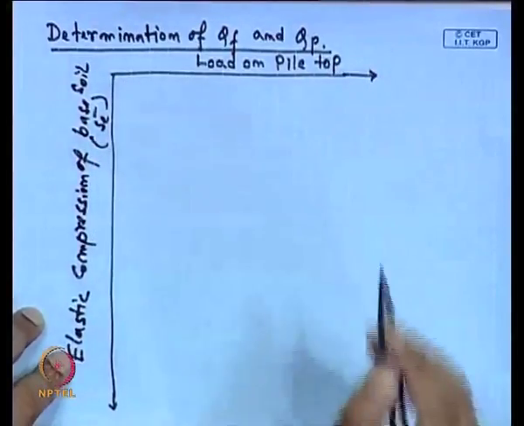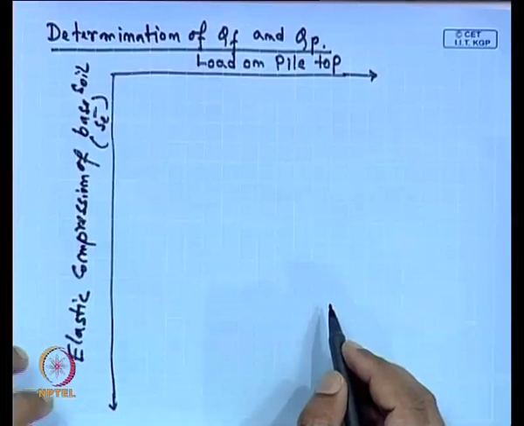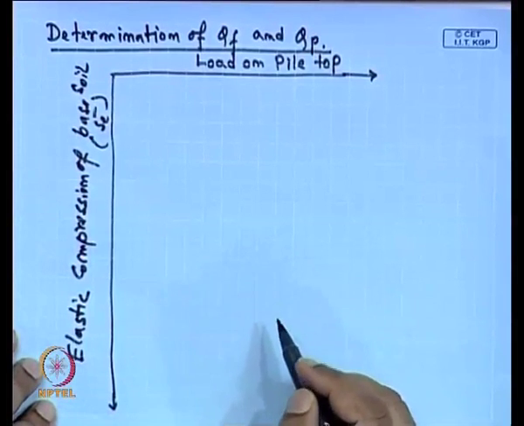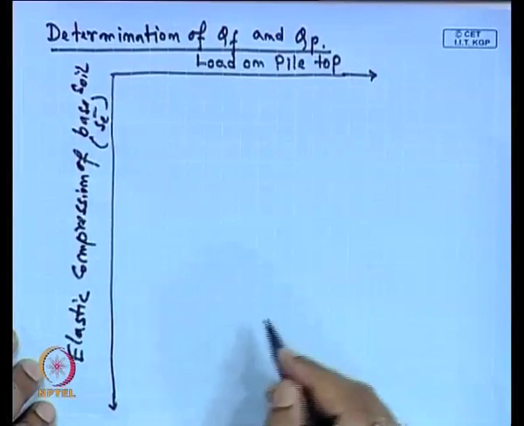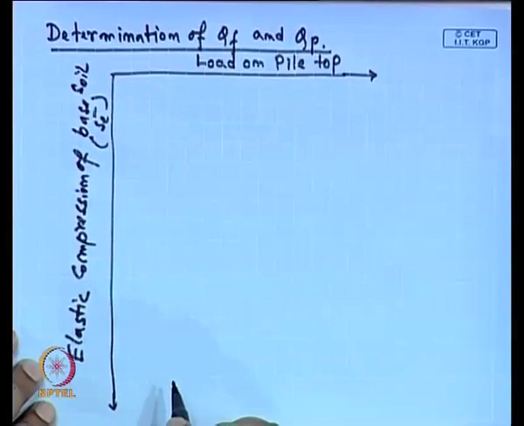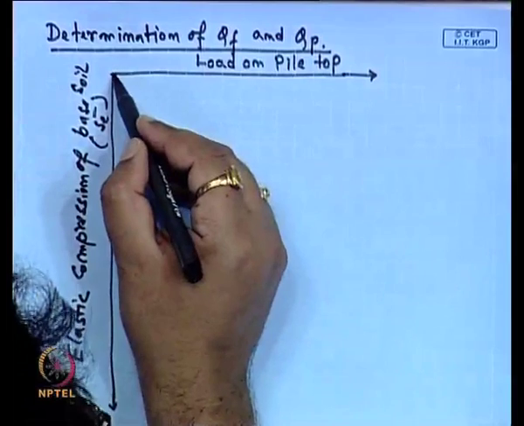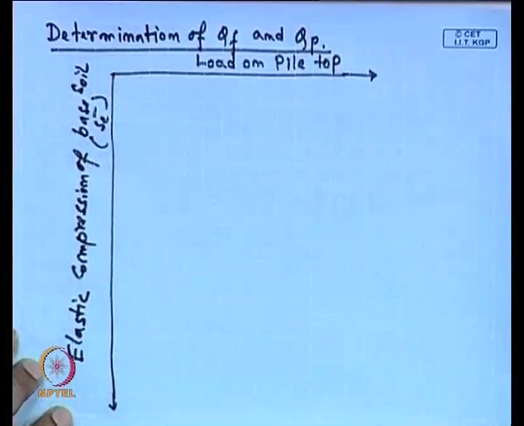So, first step we assume that del L is 0. So, what we will get from this load versus settlement curve, or the first curve that I have drawn for the pile.